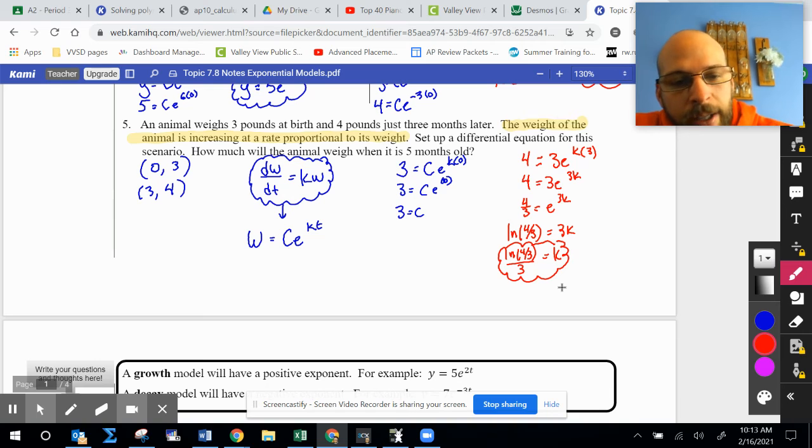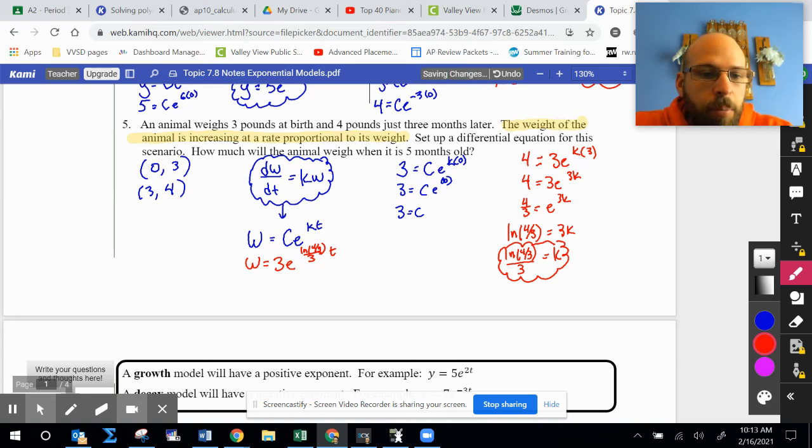So now I can write my equation. I know c is 3, e to the, now this is a terrible number, I'm aware, times t.